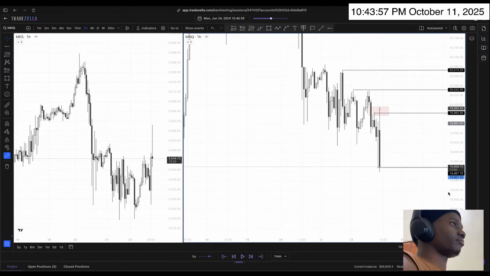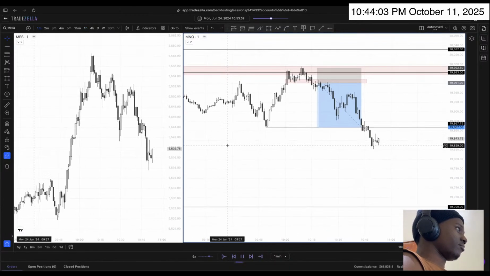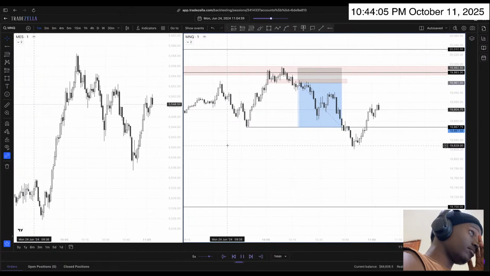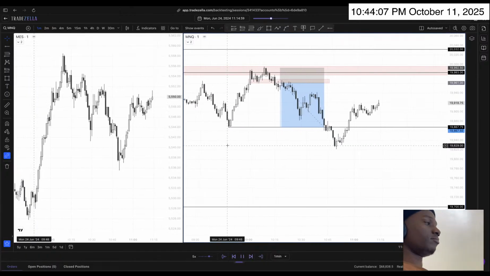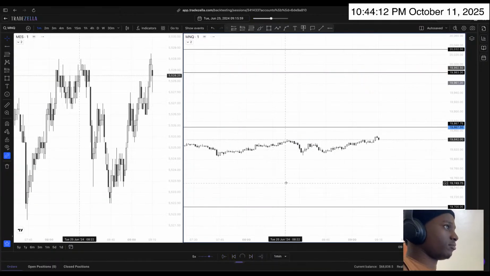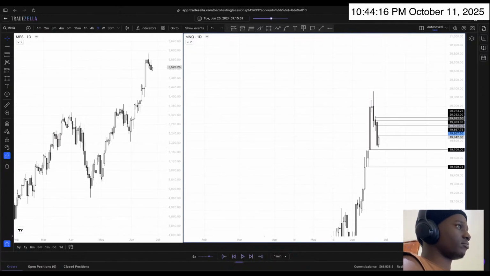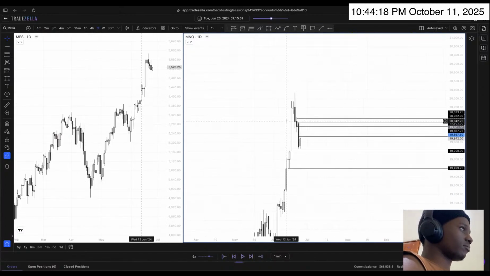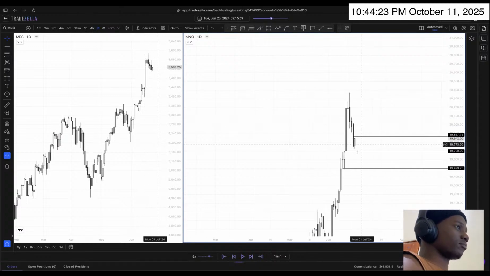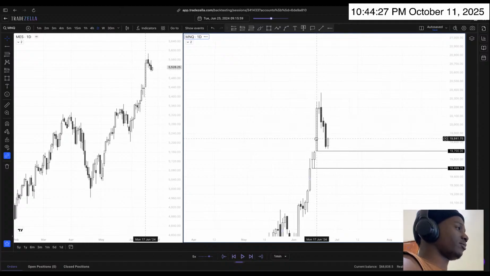Beautiful. Next time we have started rejecting the gap.